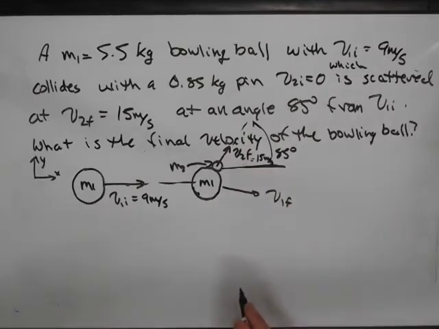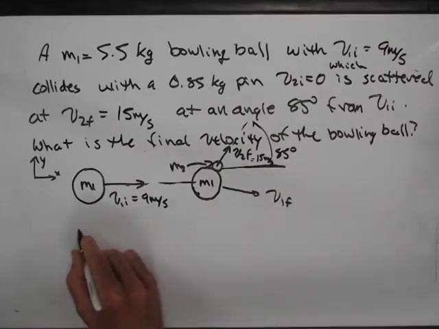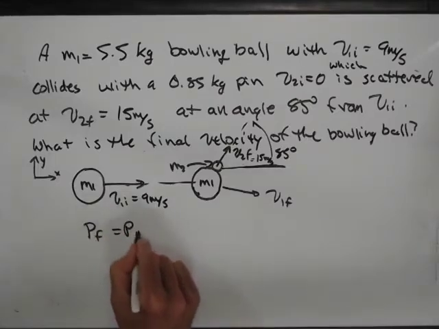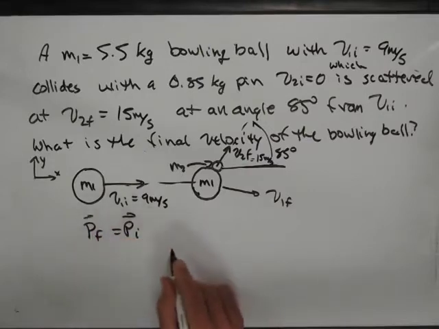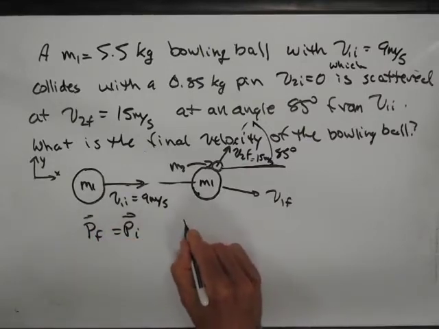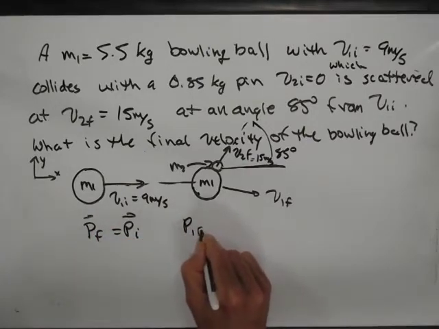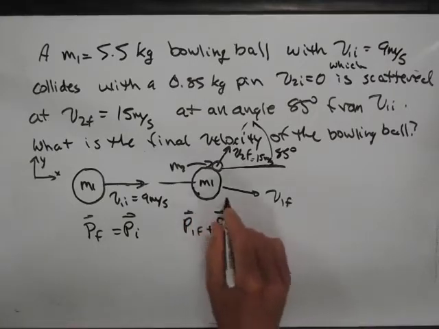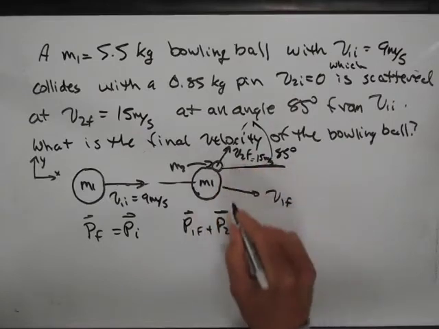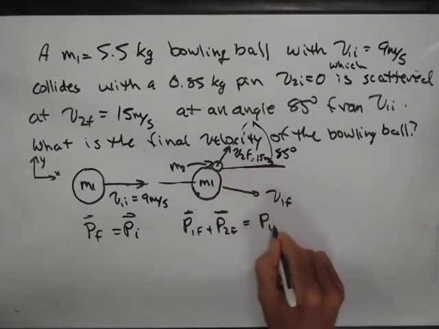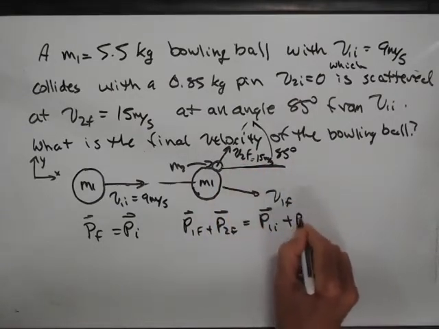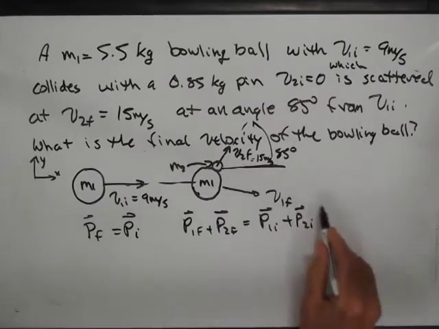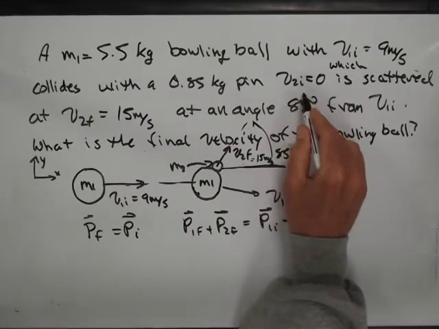If I make my general statements, P final equals P initial, and I should make these vectors since they're in two dimensions now. Then P1 final plus P2 final, the momentum of this guy plus the momentum of that guy, equals P1 initial plus P2 initial. We can make a mental note that this guy is 0 because initially he's not moving.